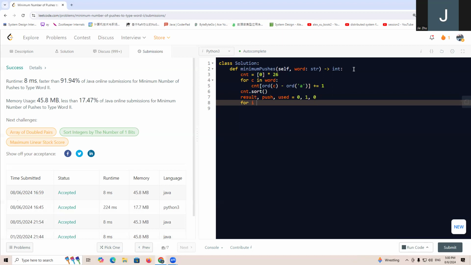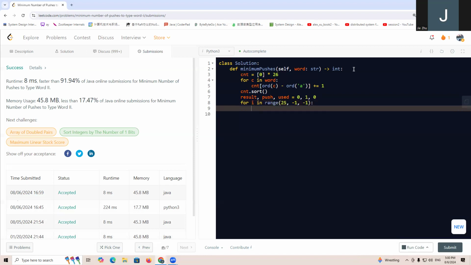So for i in range 25 down to minus 1, if count[i] is less than or equal to 0, we should break.